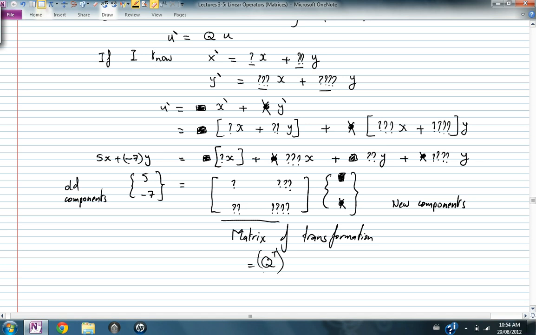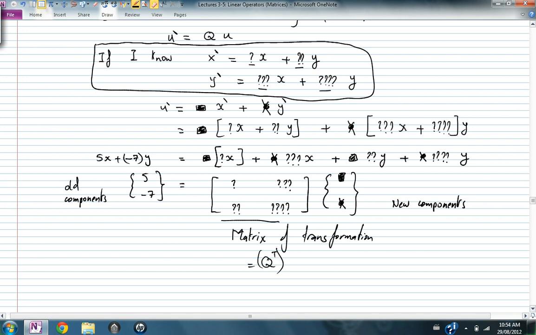We're going to study this at the end of this part of the lectures, but you can see that those question marks, or this matrix, comes from the relationship between the original basis set and the new basis set. If I know the relationship between the new coordinate system and the old coordinate system, I can find the relationship between the old components and the new components.